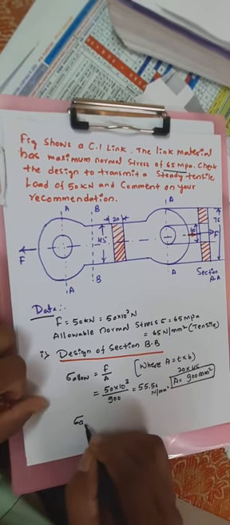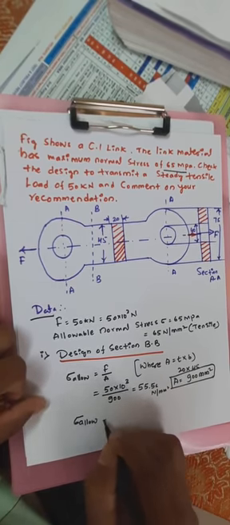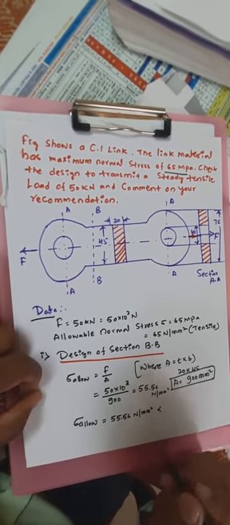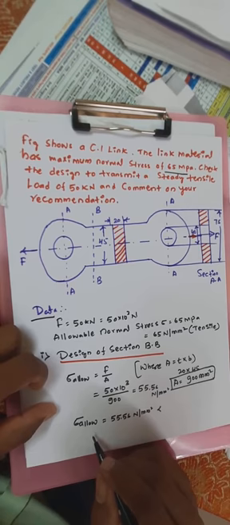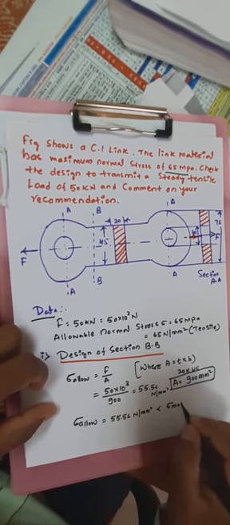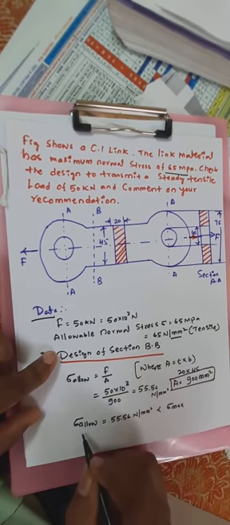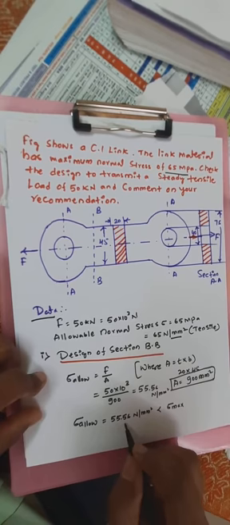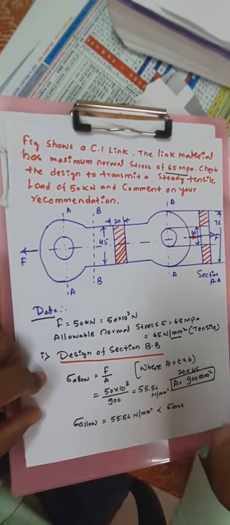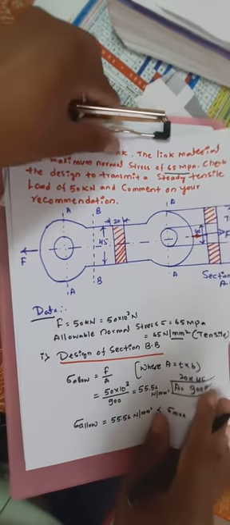Here for section BB, sigma is equal to 55.56 Newton per mm square, which is less than the maximum allowable stress of 65 Newton per mm square. So for section BB, 55.56 Newton per mm square is less than the maximum stress of 65 Newton per mm square.